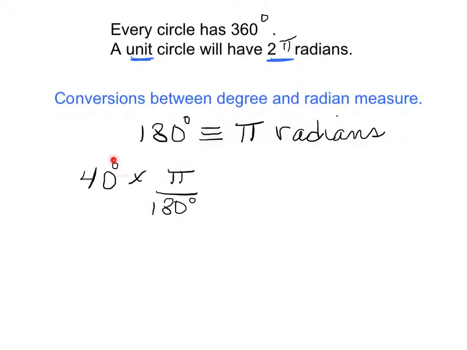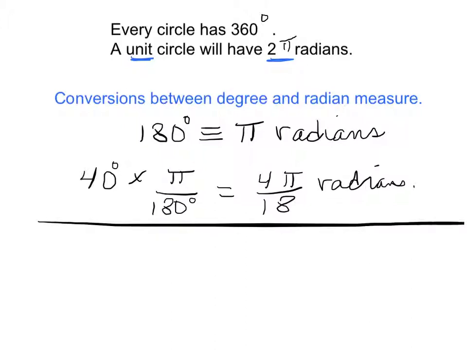The degrees cancel out and we're left in radians. So what this equals is basically 4 pi over 18, and yes, that can be simplified, radians. Pretty simple.